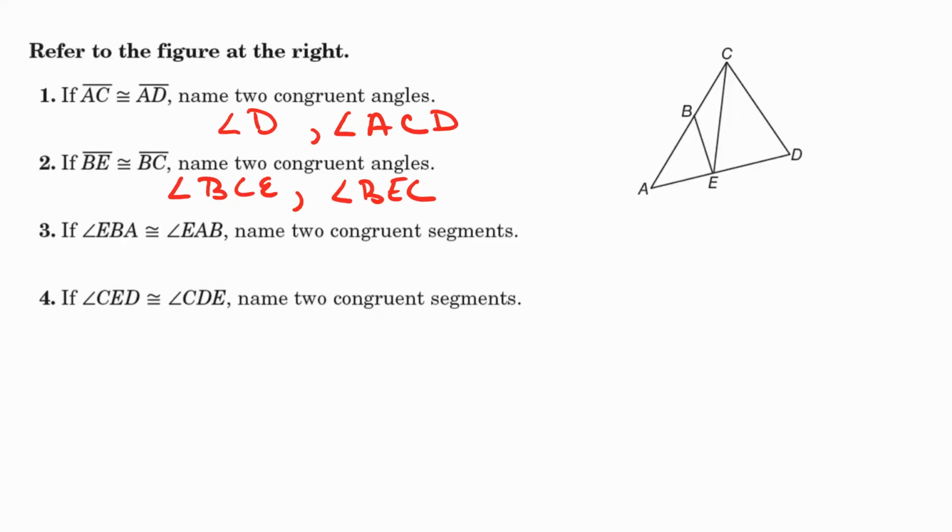In the next problem, we're told that angle EBA is congruent to angle EAB. Name 2 congruent segments, which would give us this being congruent to this. So BE is congruent to AE.